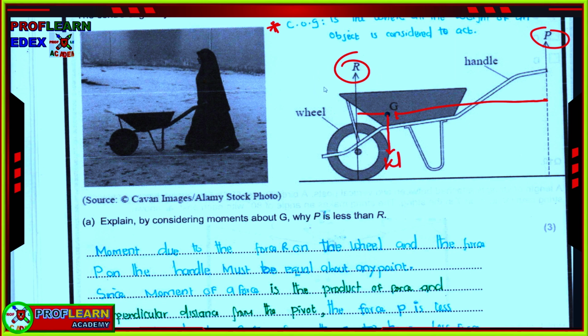Remember, at equilibrium, clockwise moment should be equal to anti-clockwise moment, and moment depends on the force and distance. Since the distance here is small, the force here must be large. Since the distance there is large, the force there must be small so that the two moments can be equal.